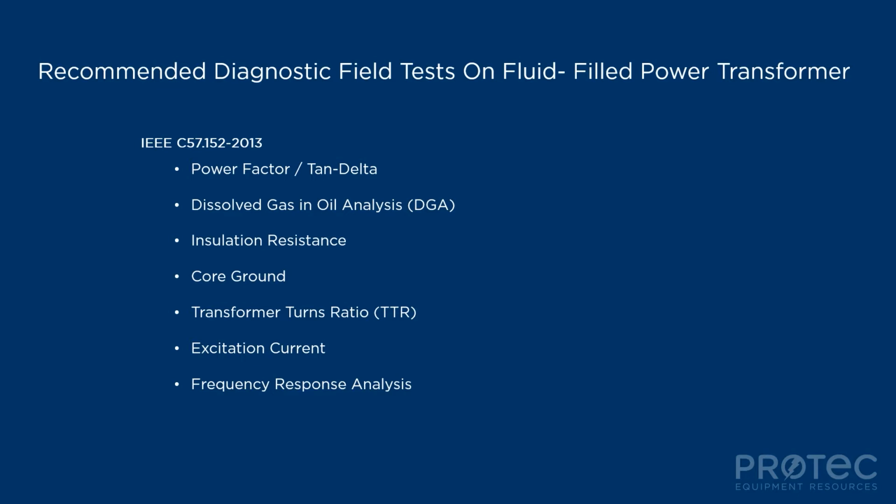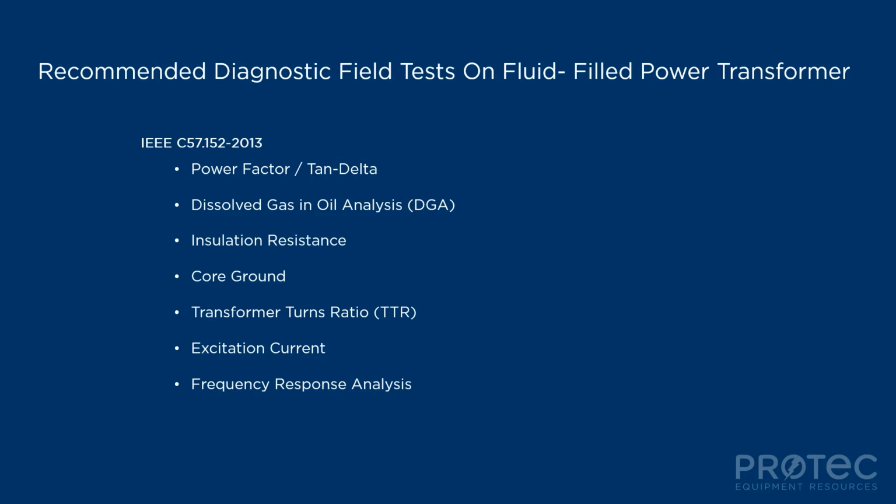Dissolved gas and oil analysis is very important. It can tell us a lot about what's actually going on internal to our transformer without actually having to open it up. Additionally, we can do insulation resistance tests. It's a DC insulation test as opposed to power factor, which is an AC insulation test.